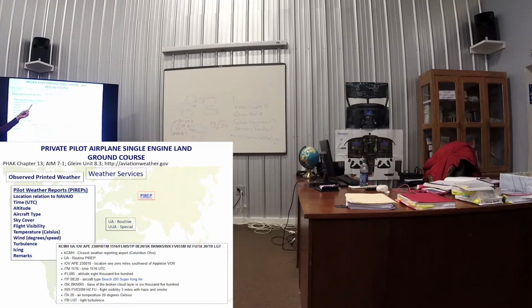So, location from the navigation aid. You would report from Ormond Beach VOR. So November XYZ, I'm just going to make it up, 10 miles southwest of OMN. The time in Zulu, 1950 Zulu.